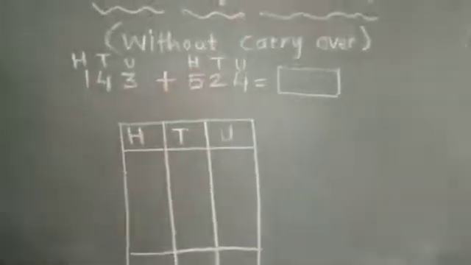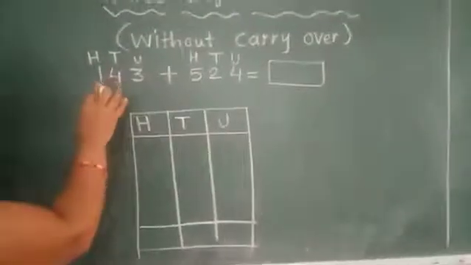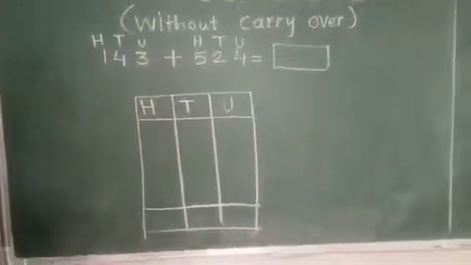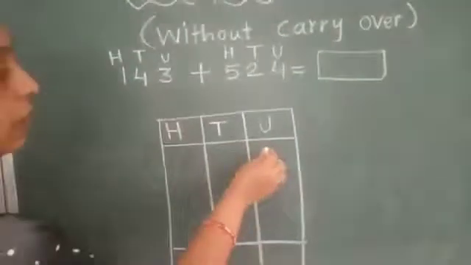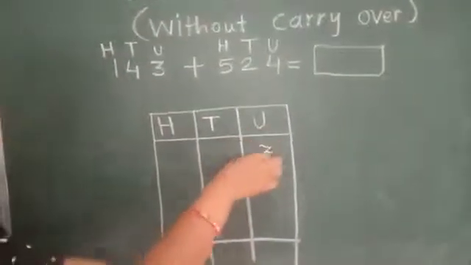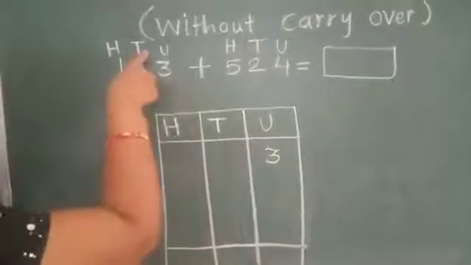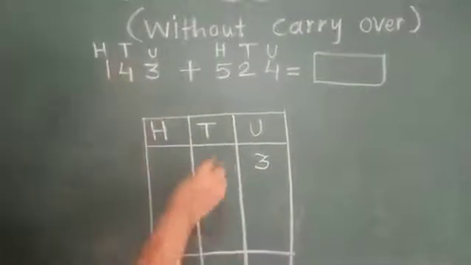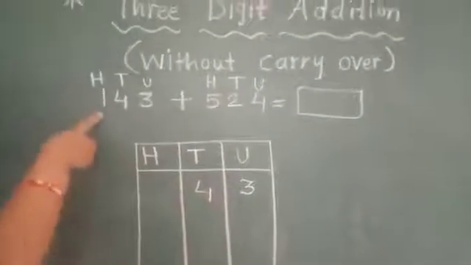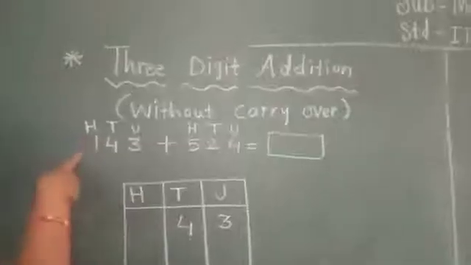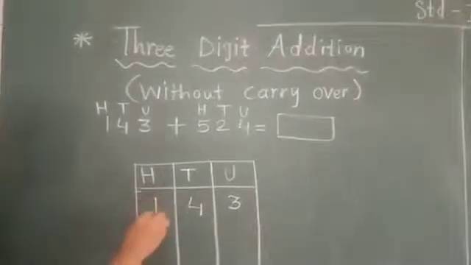Now we will put the numbers in their proper boxes. Now see, here 3 unit means we will write 3 in the unit column. Here in the tens column 4 is there. Then we will write 4 in the tens column. And here 1 is in 100 column. Then we will write this one in 100 column.